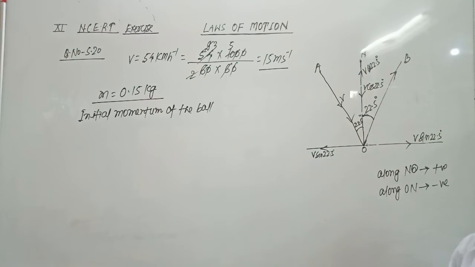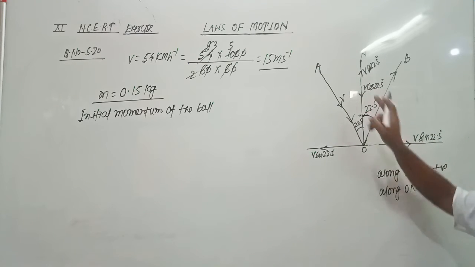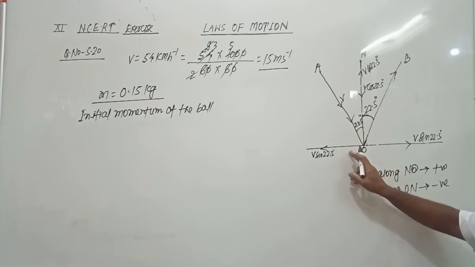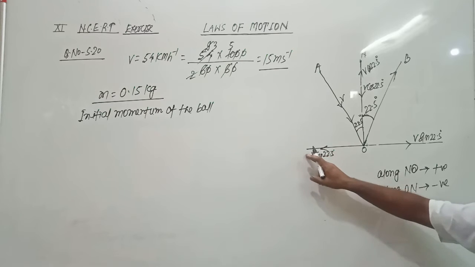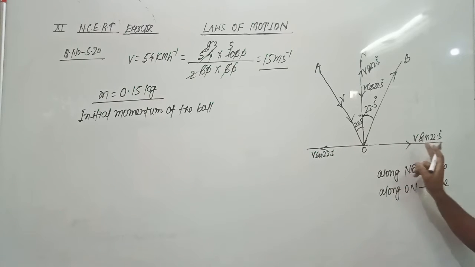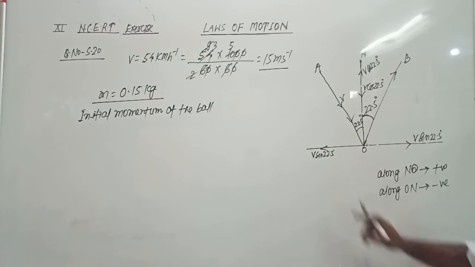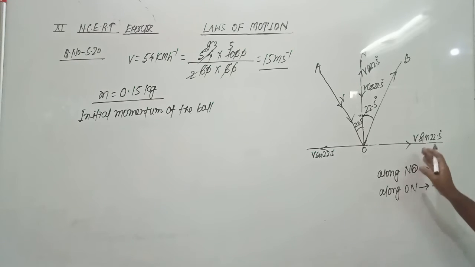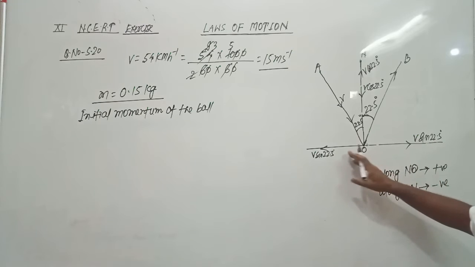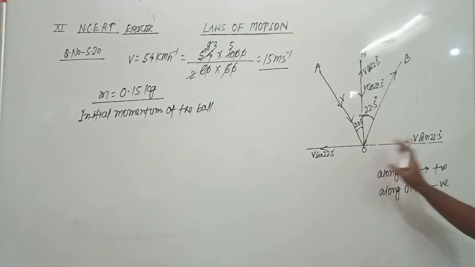Both have the opposite direction and the same magnitude V sin 22.5, so they get cancelled.